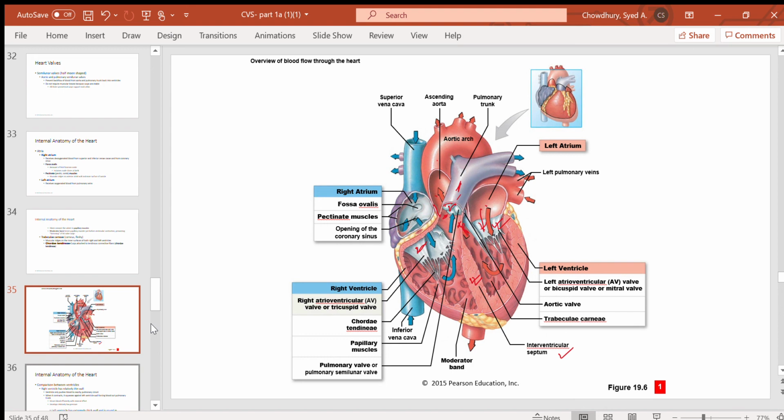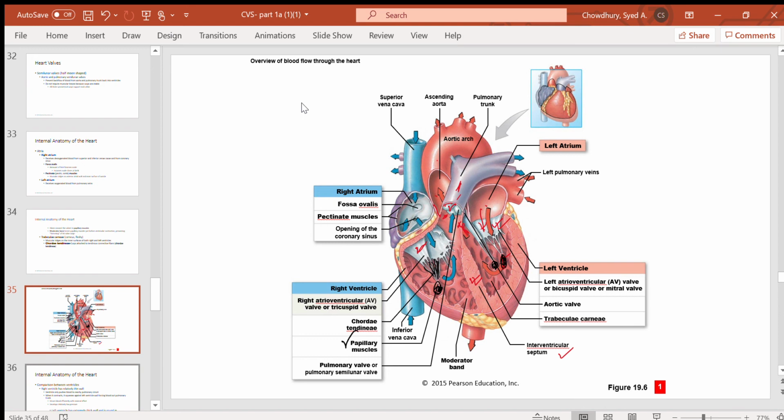Now you see that inside the heart you have a few structures. Okay, you see these muscles, see this one, from where many string-like structures arise, and these muscles are called the papillary muscles, and papillary muscles have these strings attached.